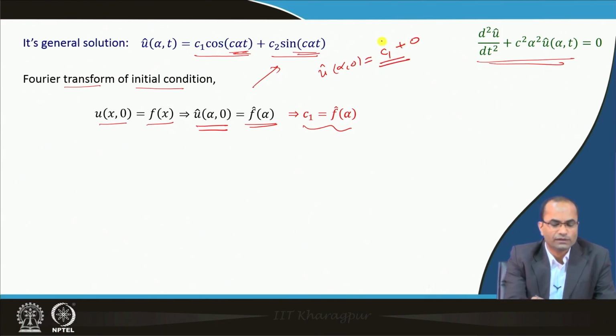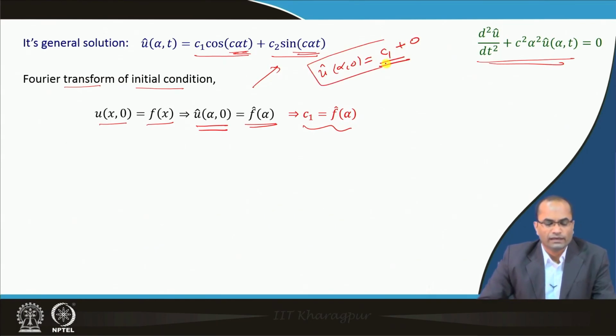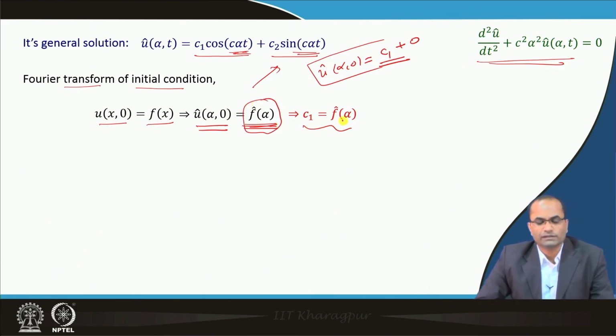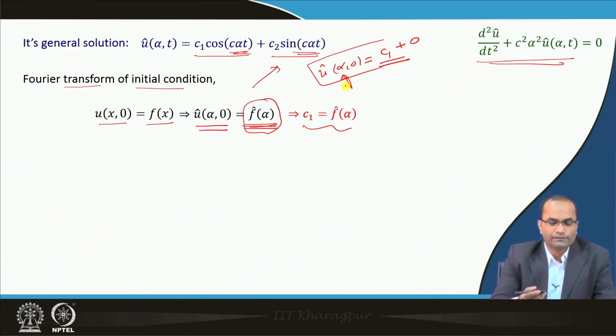So, we have c 1 equal to u hat(alpha, 0), which is f hat(alpha).